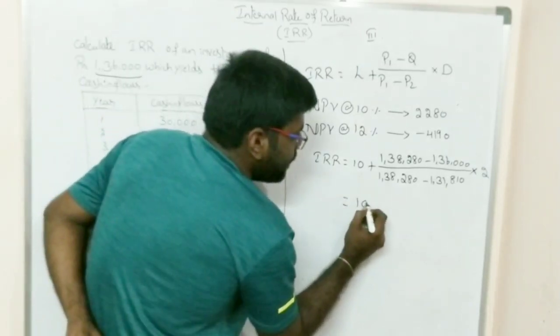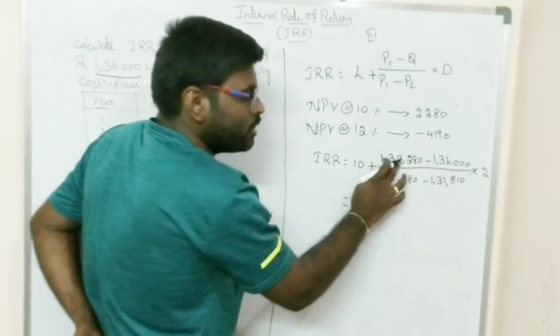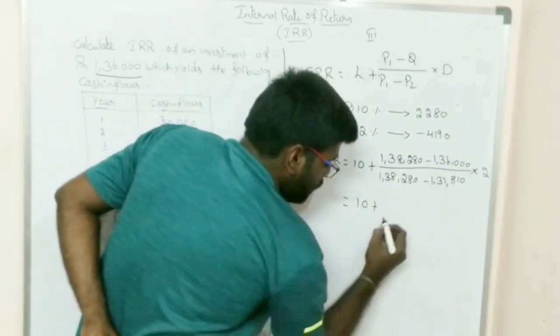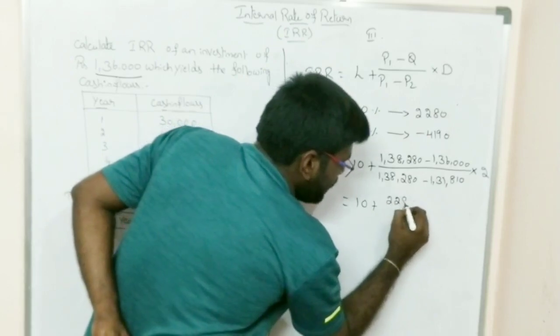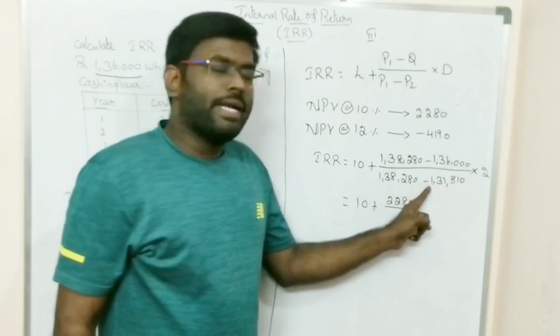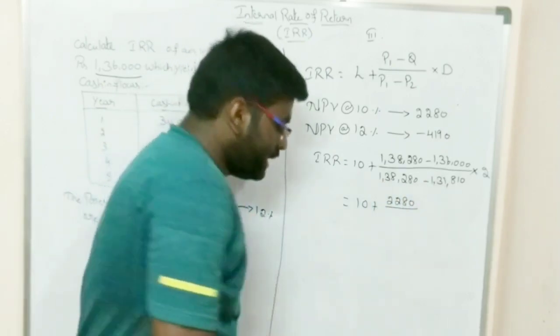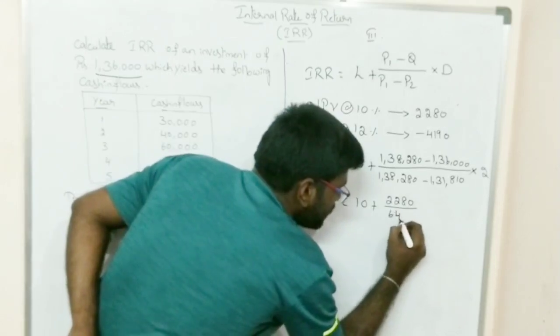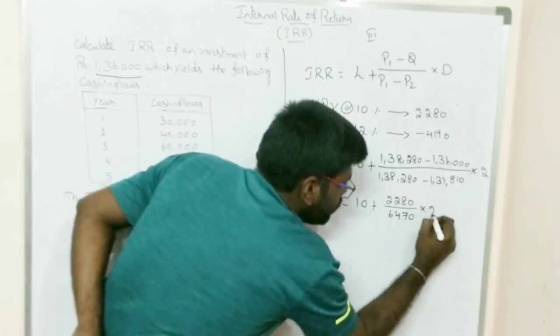Now 10 plus 1,38,280 minus 1,36,000 gives 2,280, divided by 1,38,280 minus 1,31,810, which gives 6,470, into 2.